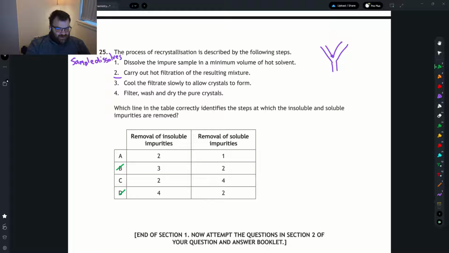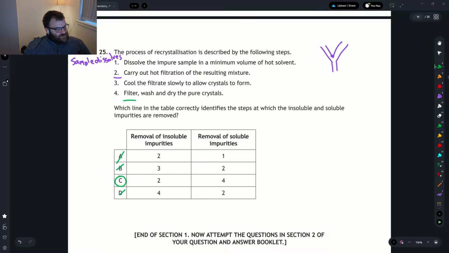We're then cooling it down and letting our crystals form. And then when you're filtering it, that will keep our chemical crystals that we want, and anything that's still dissolved, that's an impurity, would be removed. So 4 would be the third one.